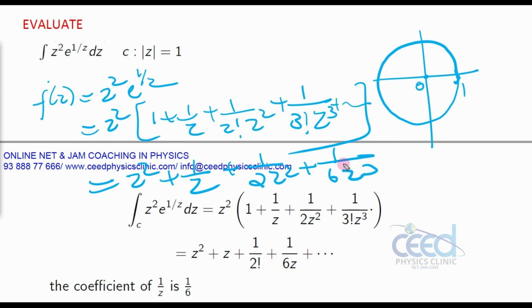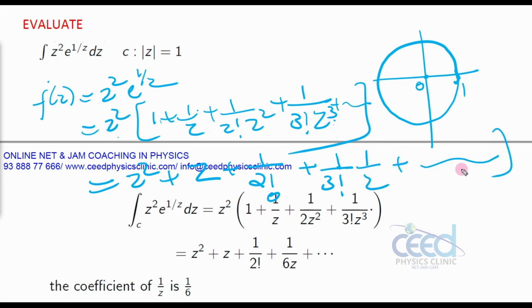So when I multiply z square with this, we get z square plus z, and then 1 by 2 factorial, and then 1 by 3 factorial into z cube, z square into z cube, that is 1 by z, plus etc. Now if a function can be represented as a power series, what is the residue?